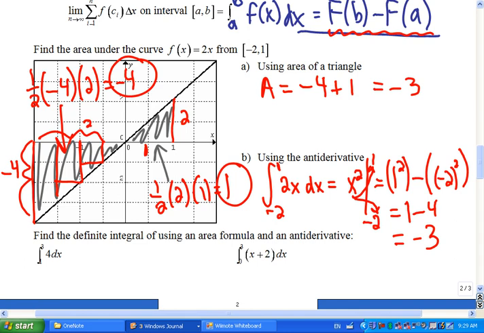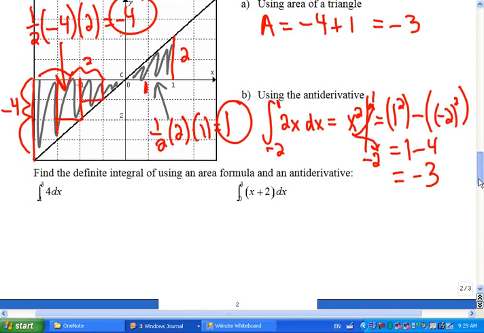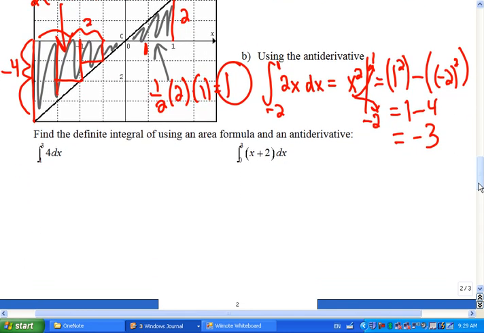So that's what we're going to try for a couple, because it's really important that you don't just go into autopilot and think, oh, if I need area, I need an antiderivative. You got to remember this connection. So we're going to try it for a couple more pictures. For example, I don't know why this always prints so poorly, but this is supposed to be 1, and this would be a 3.